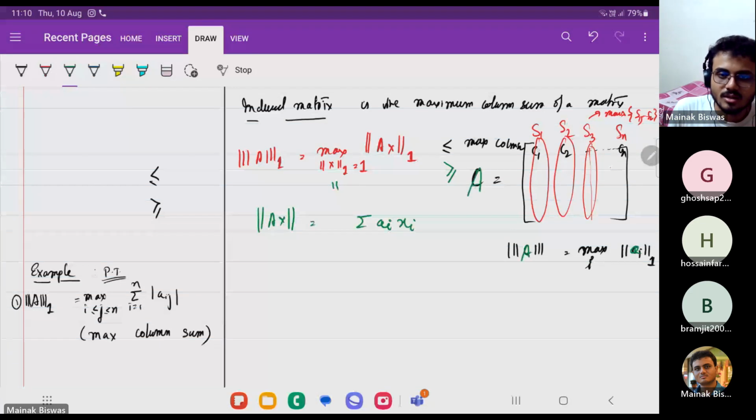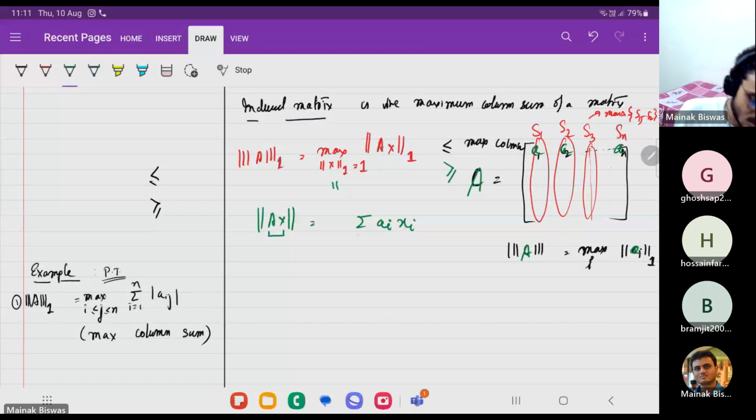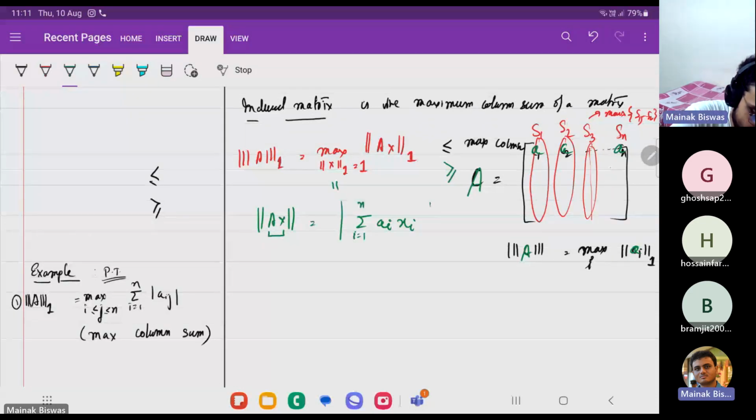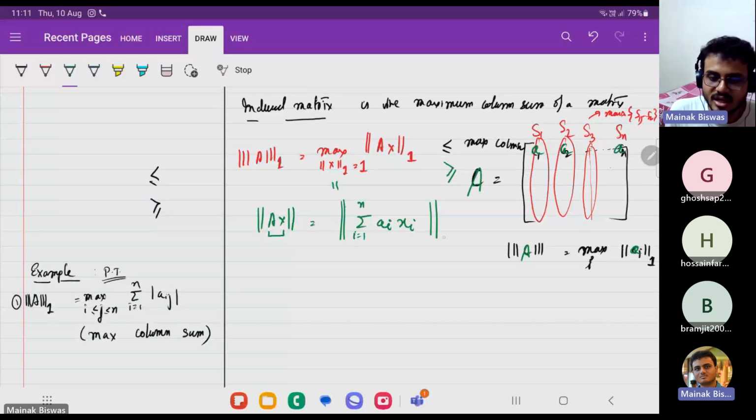It's a_i x_i, where x_i is a scalar. So this is a vector, and you are going to take the L1 norm of the sum of a_1 x_1, and so on. It is a vector, right? Because this is a linear combination of the a_i's.